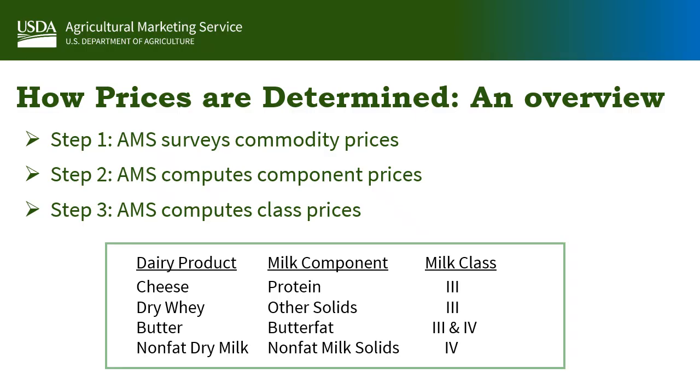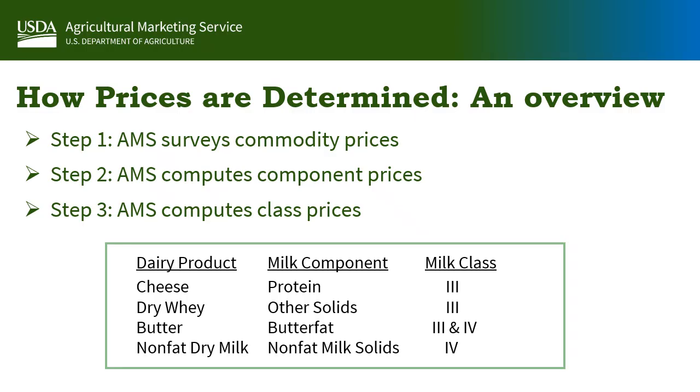Third, AMS puts the component prices into classified price formulas and calculates the minimum raw milk value of that particular class of milk. The result is the minimum price the manufacturer of the dairy product must pay for the raw milk they used. Federal orders establish and enforce minimum prices, and we want to emphasize the word minimum.